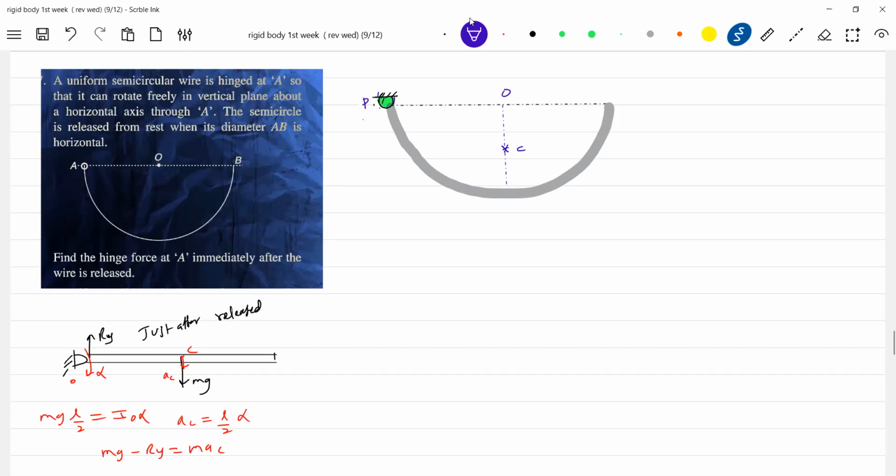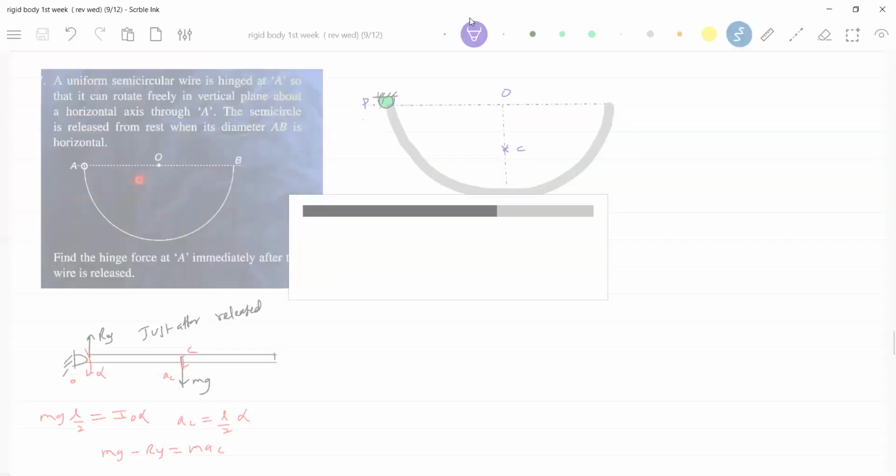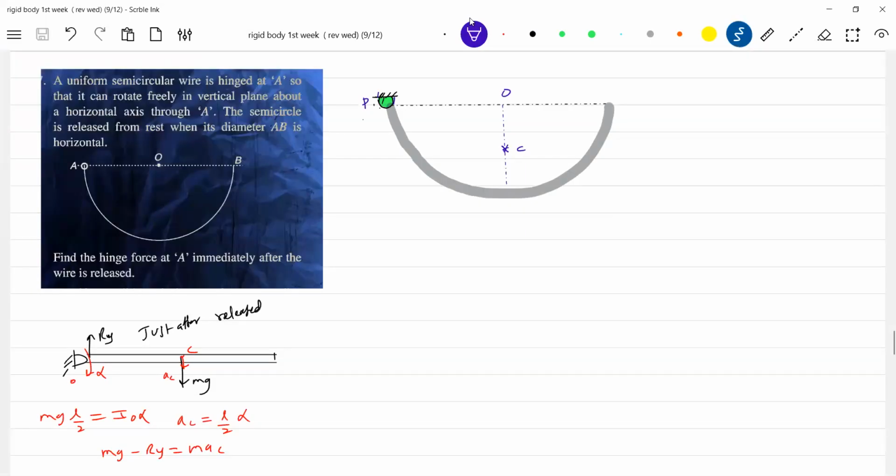Okay, this is a point P. So the weight. Okay, I said 2 minutes. Let me wait for some time.